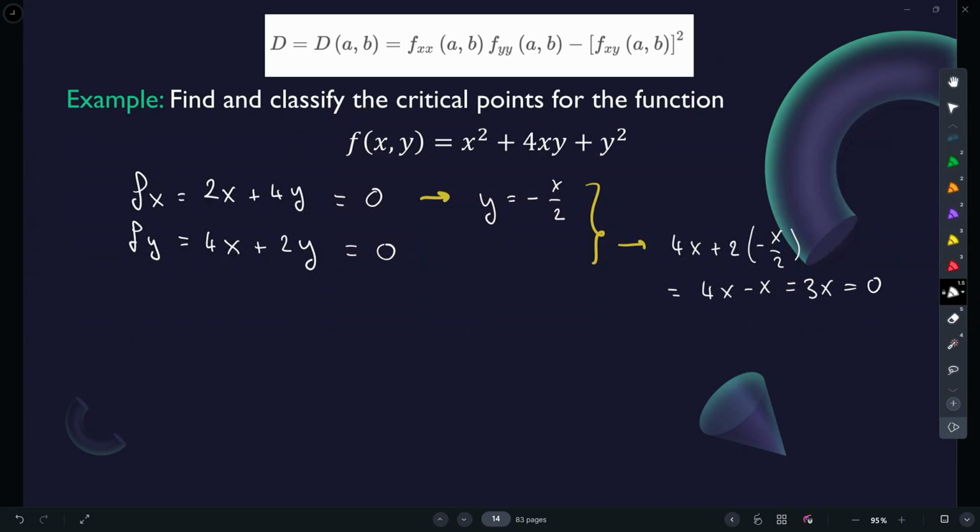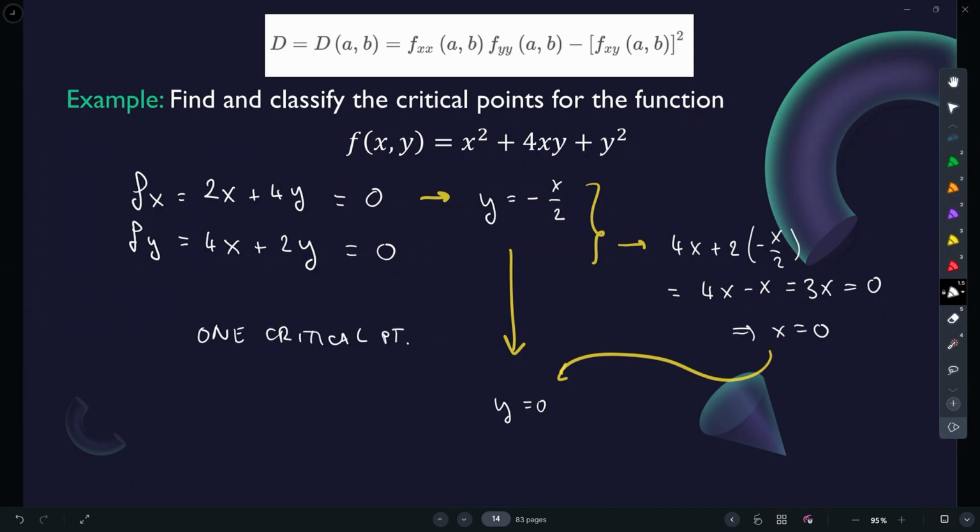And that has to be equal to 0, so that tells me that x is 0. But then, x is 0, so y has to be 0. So there is, again, just one critical point, and it is the point (0, 0). But I don't know what kind of critical point that is.